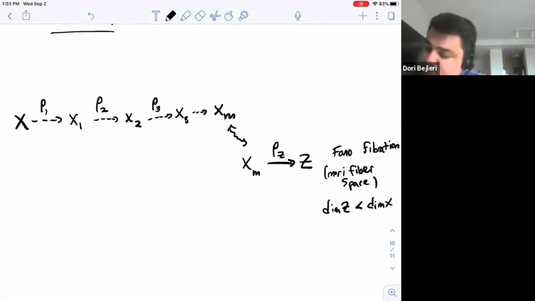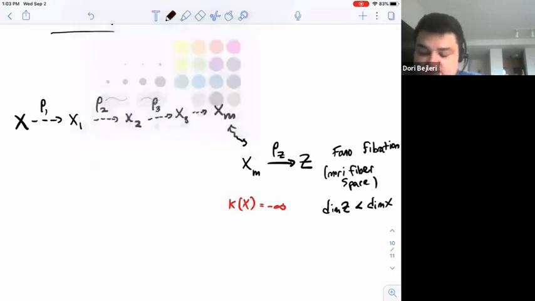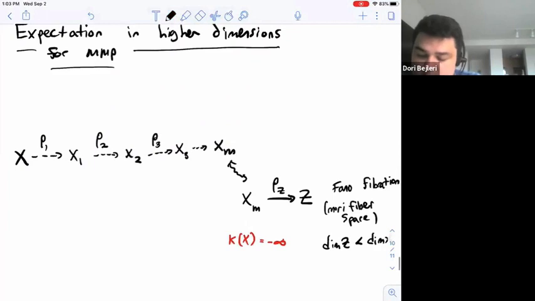This is the expected outcome when the Kodaira dimension is minus infinity. In the other case, we might expect to end up with a minimal model X_M whose canonical divisor is nef.